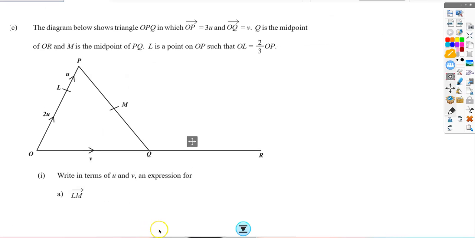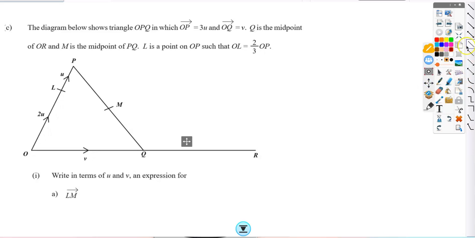So LM is this part there. Let's just move that out of the way.